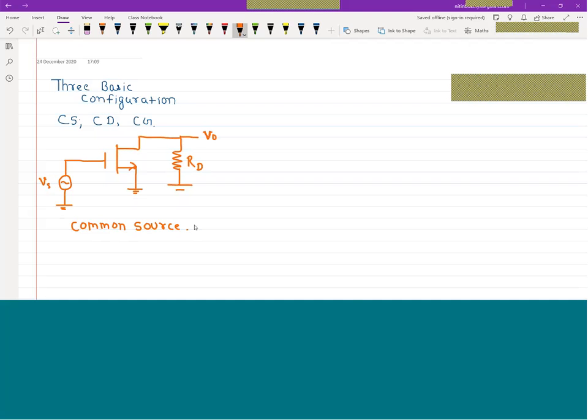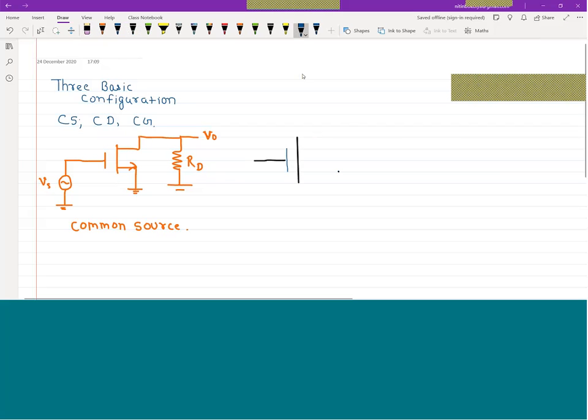Common source arrangement. The next arrangement we have is the common gate arrangement. This is the same as before.